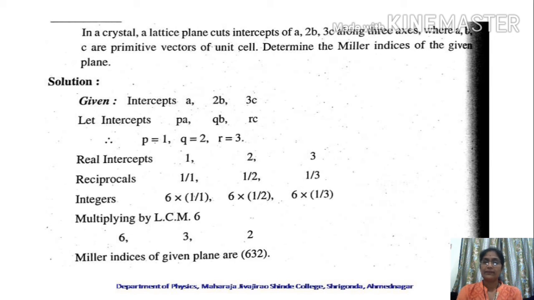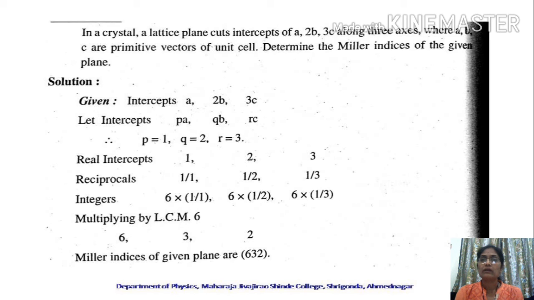Now next example. This example is based on Miller index. We have seen what is Miller index, how to find Miller index of a plane, and how to draw few of the Miller planes. This example is related to finding the Miller index of a given plane. So let's read the example.